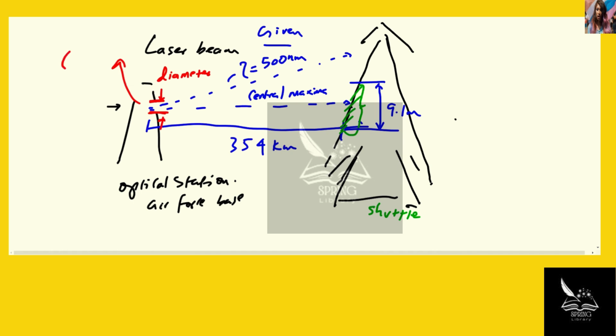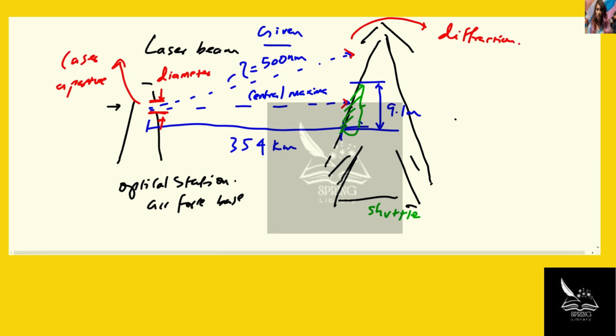This is our laser aperture, and we're looking for the diameter of that. And this spreading that you're seeing of the light happens because of diffraction.